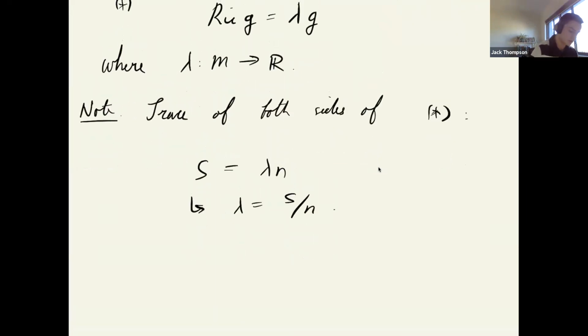Okay, so some examples. The first examples are actually the ones we discussed last week. If a manifold has constant sectional curvature, then it's necessarily an Einstein manifold.